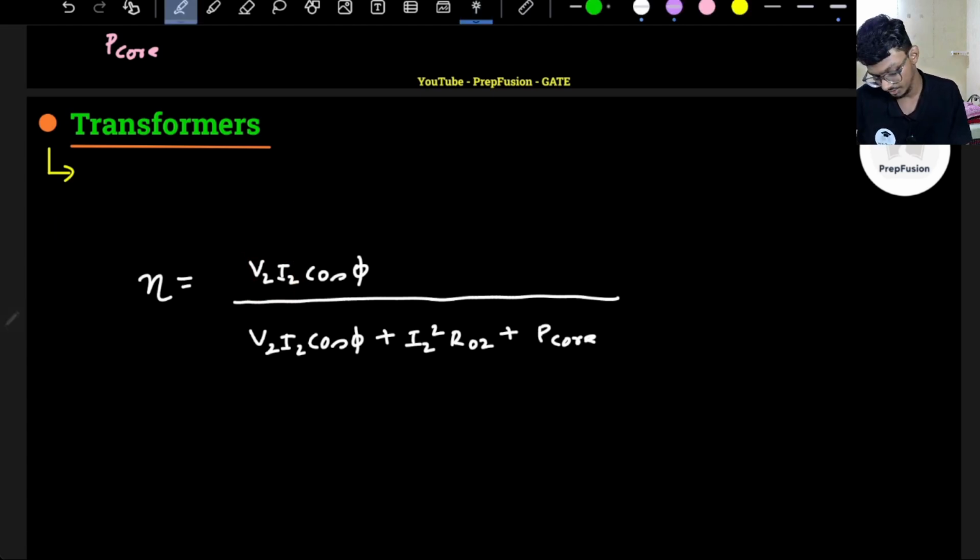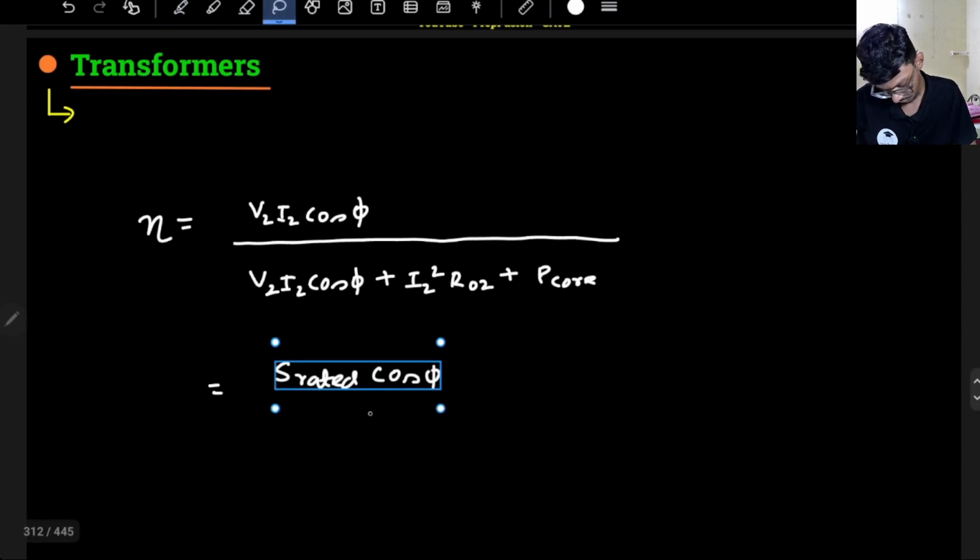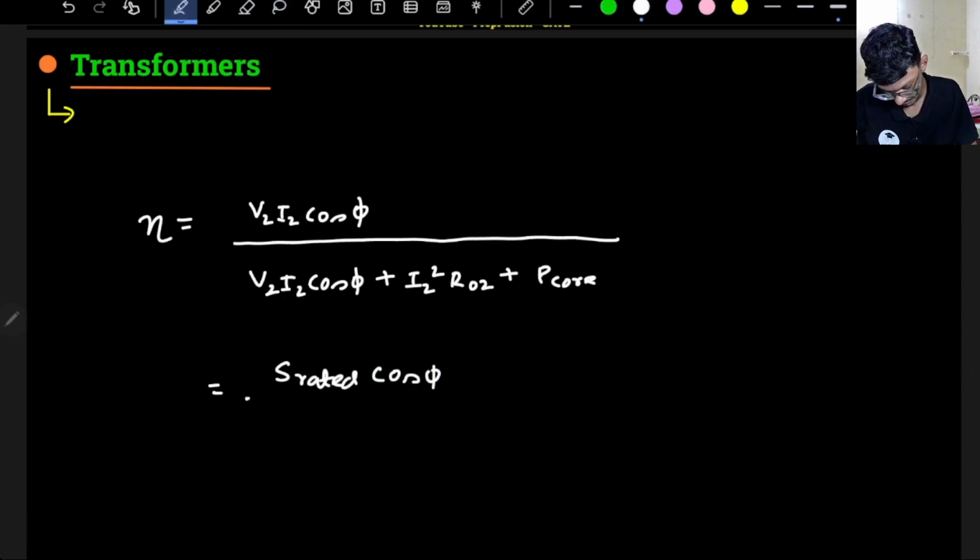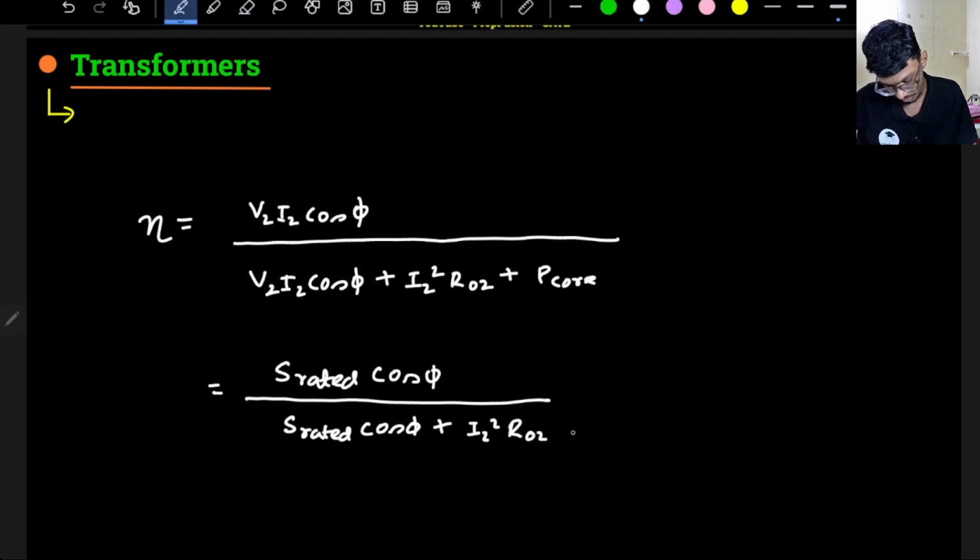So V2 into I2 will be the S rated of the transformer into cos phi, divided by S rated into cos phi plus I2 whole square into RO2 plus P core.